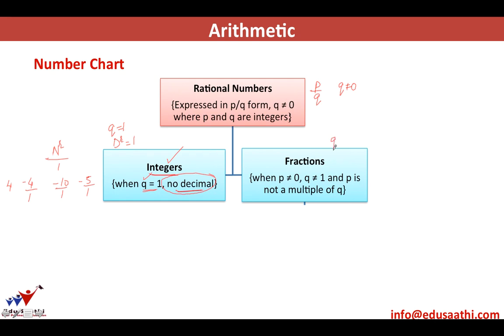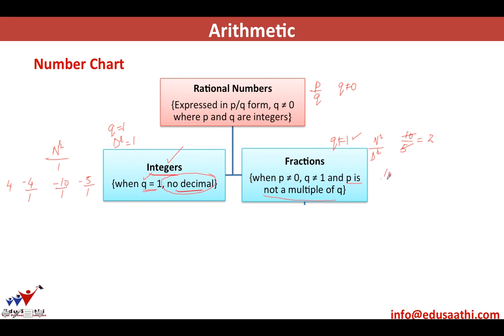If q is not equal to 1, if I have a certain denominator associated with it, I have to take into consideration that the numerator and denominator should not cancel out. That means the numerator should not be a multiple of the denominator.